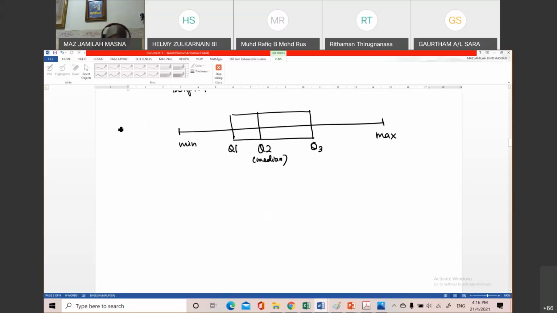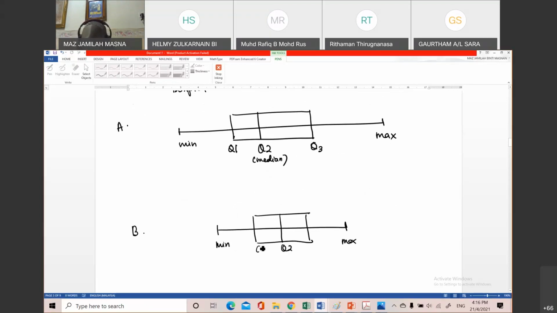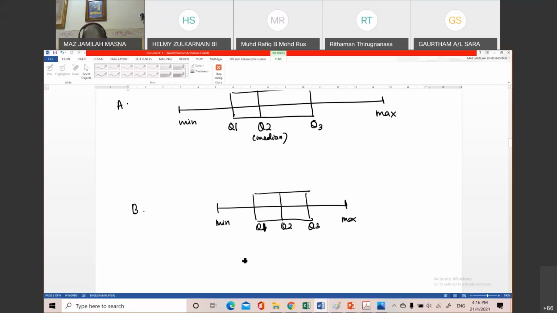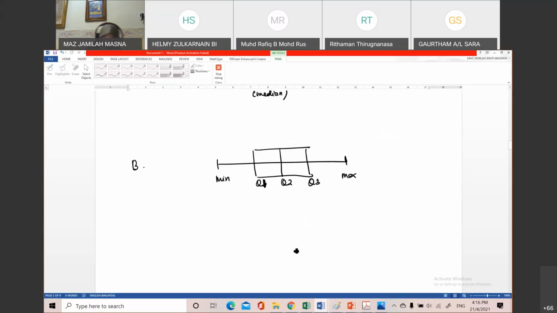This is your first box plot A. You got box plot B. So you have min, max, and then you have one, two, three. And then the other one would be C.